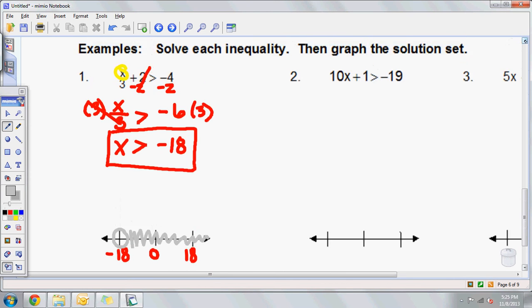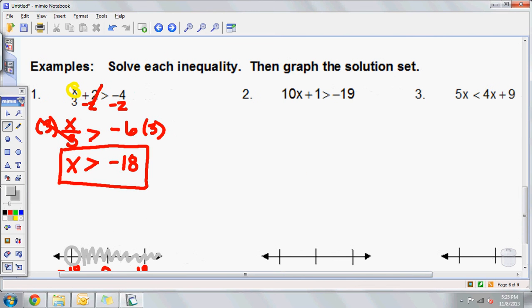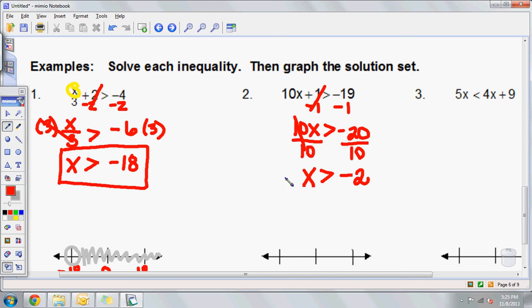Let's solve the other one. So we have 10x plus 1 is greater than negative 19. So we want to get the x alone. So we're going to do the opposite. So we have 10x is greater than negative 20. Still need to get that x all alone, so I'm going to keep doing the opposite operations and divide this time. So x is greater than negative 2.